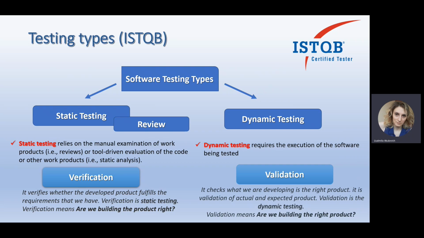So the synonym is review here. Dynamic testing requires execution of the software to test it. So static testing is without launching, without execution of the application, and dynamic testing is with execution of the software. And actually in ISTQB, these two testing types are connected with two more terms. Static testing is always associated with verification and dynamic testing with validation.